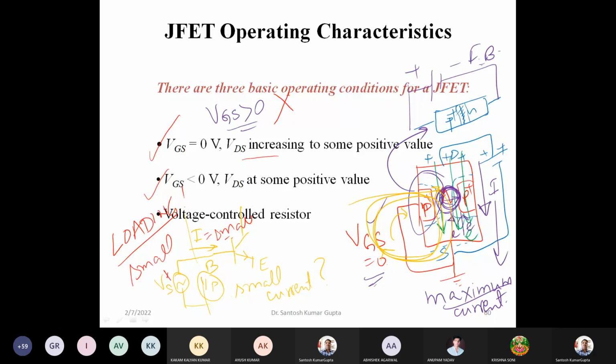For the P channel, it will be just the opposite. For the P channel, we don't apply a voltage VGS less than 0, because in that case we will have an N plus P junction, and to reverse bias this, we must apply a positive gate voltage.